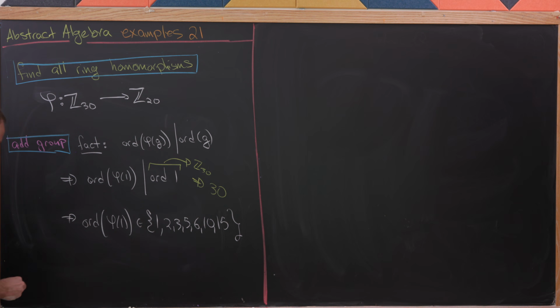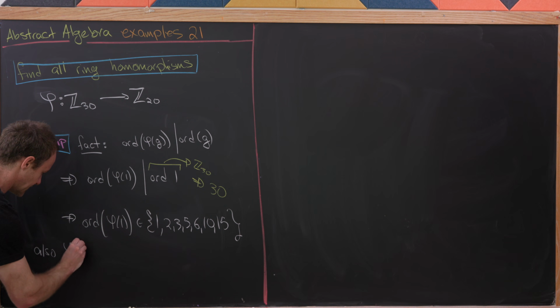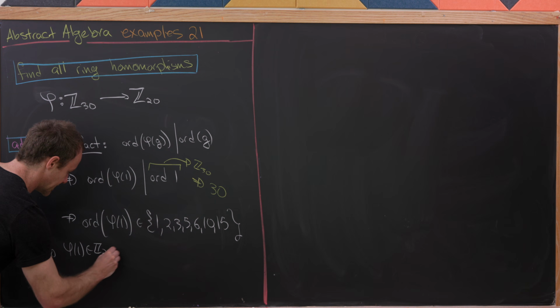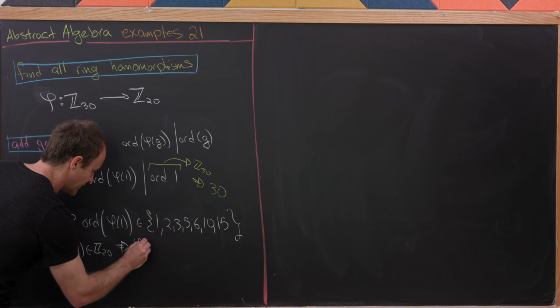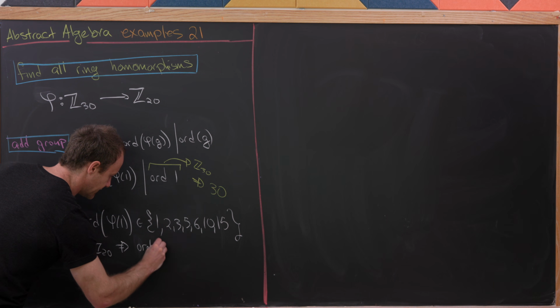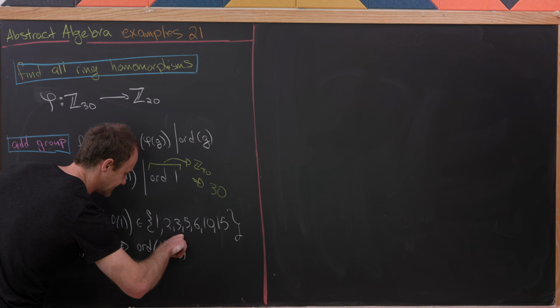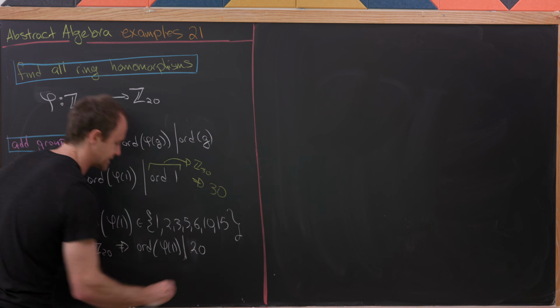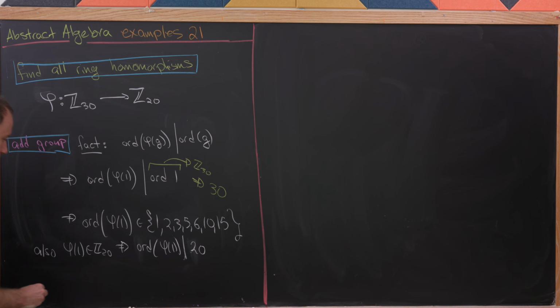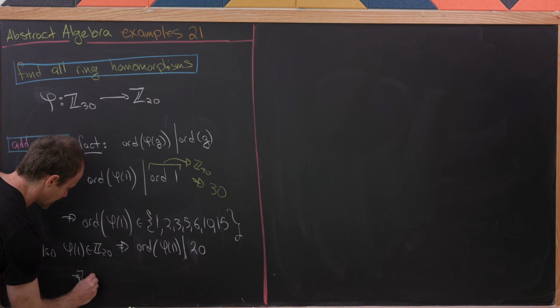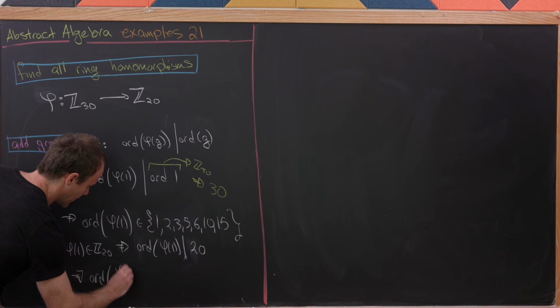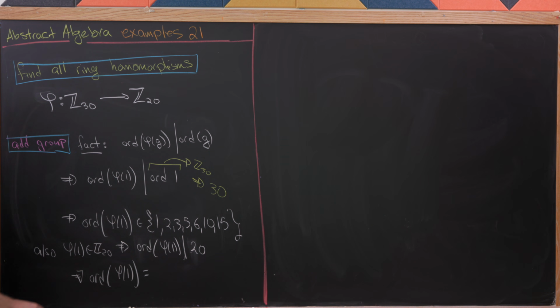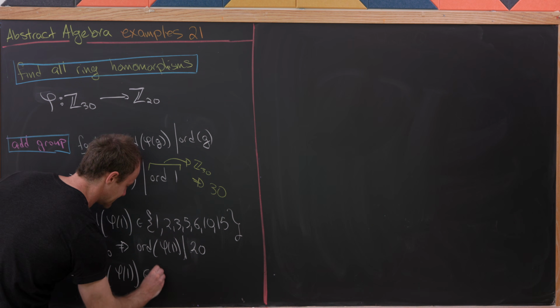But then also, since phi of 1 is in Z20, we know that the order of phi of 1 must divide the order of the group, but the order of the group is 20. Okay, so what does that tell us? That tells us that the order of phi of 1 must be a divisor of 20. So what possibilities does that give us?